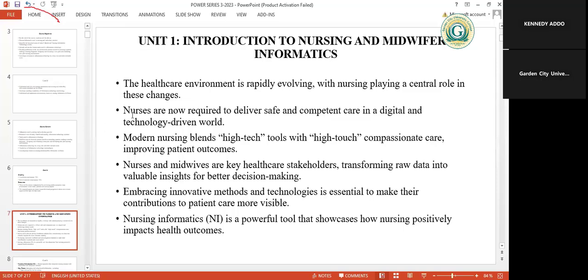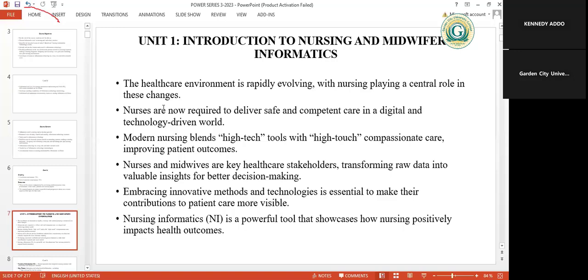Okay, the healthcare environment is rapidly evolving, with nursing playing a central role in these changes. Nurses are required to deliver safe and competent care in the digital and technology-driven world. So we are just trying to look at technology-driven applications to complement the effort of nurses and midwives. Now, modern nursing puts together high-tech tools with high touch, improving patient outcomes.